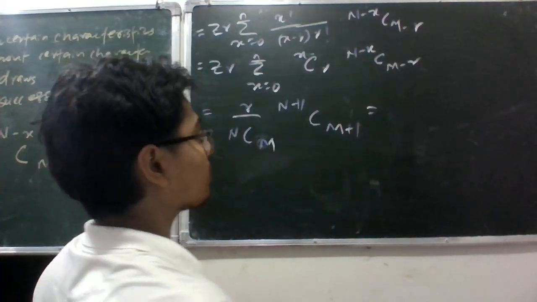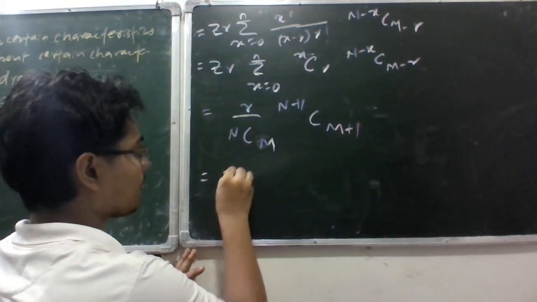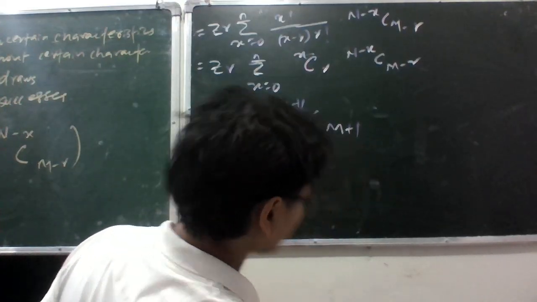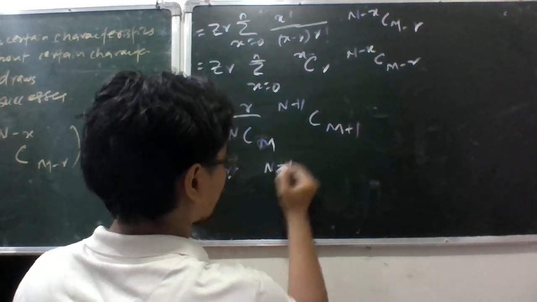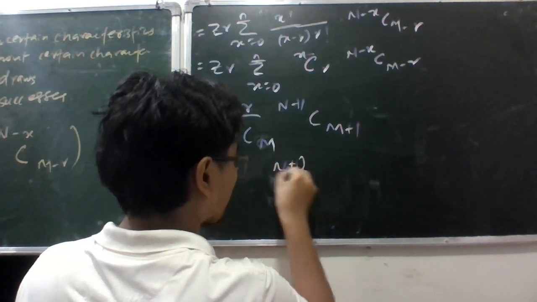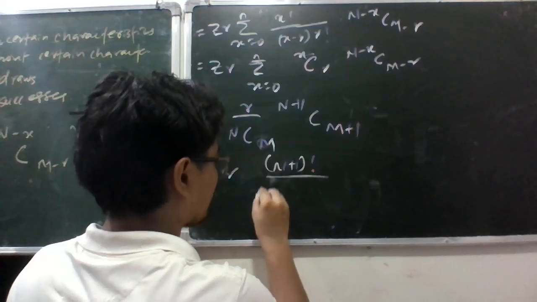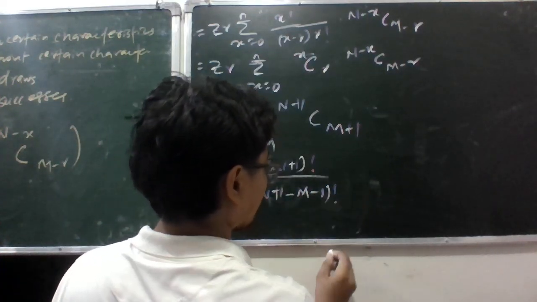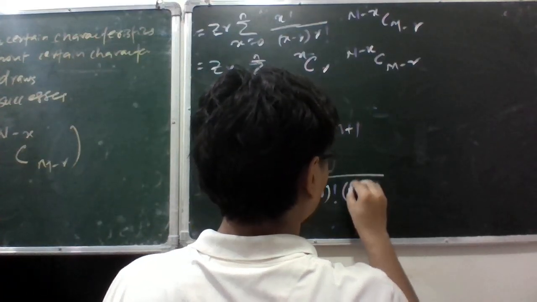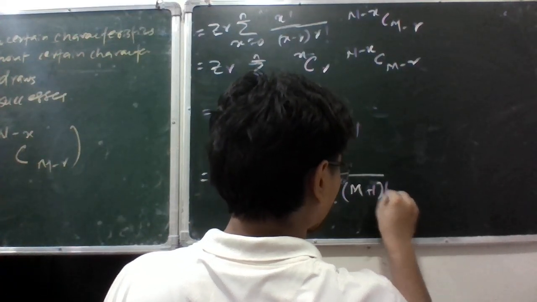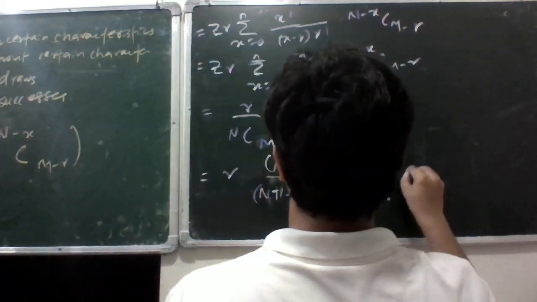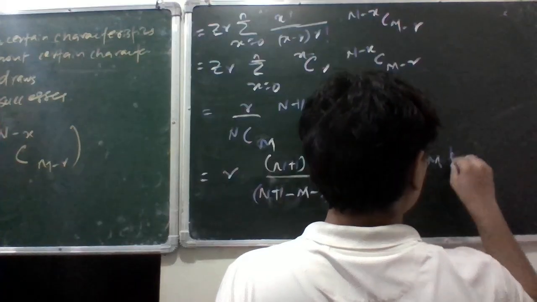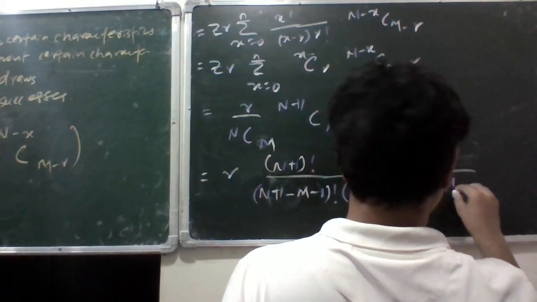So we have r times n plus 1 c. That means n plus 1 factorial, n plus 1 minus n minus 1 factorial, times n plus 1 factorial times m factorial by n factorial.